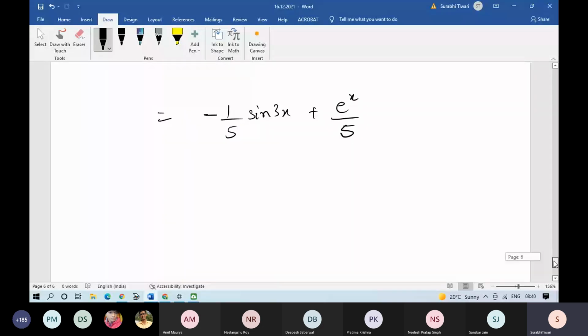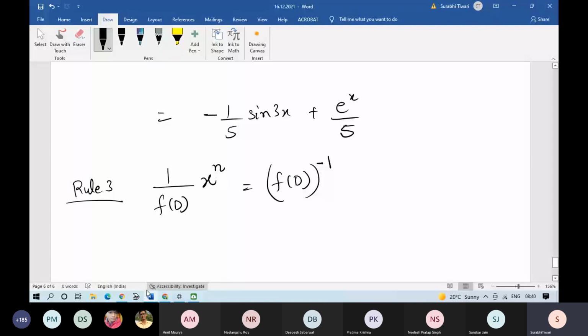Now coming to rule number 3, particular integral का. If the function is of the type x to the power of n, that is a polynomial function, then what you do, you write 1 upon f(D), that is f(D) inverse, x to the power of n.